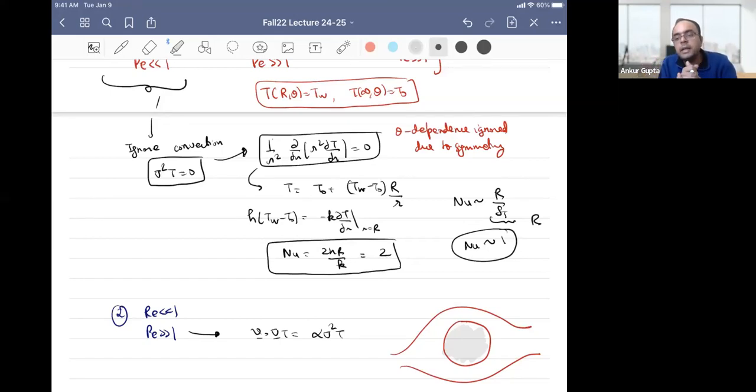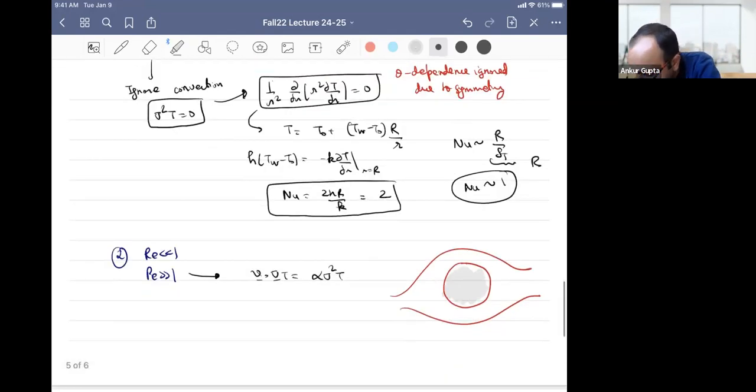Or physically, like Colin put it, if I'm just transporting something by convection, I have to balance it with something, and that balance has to come from the boundary layer. So there will be a thermal boundary layer delta T.